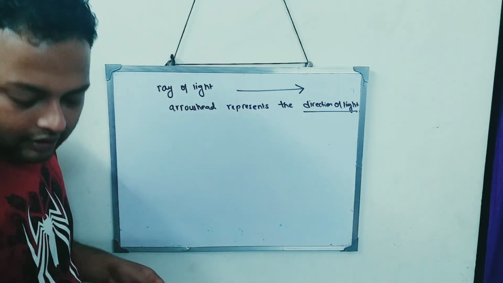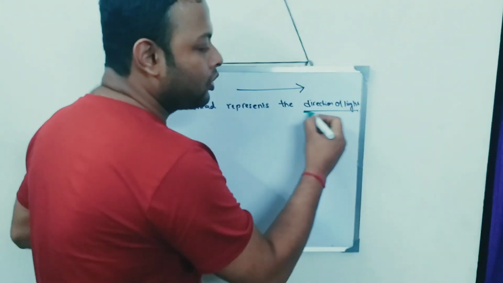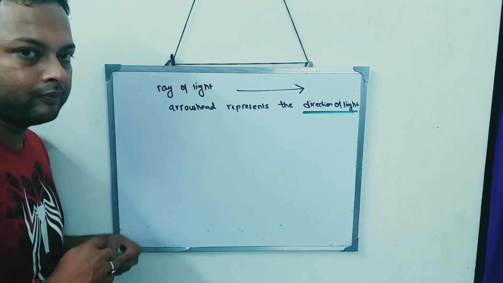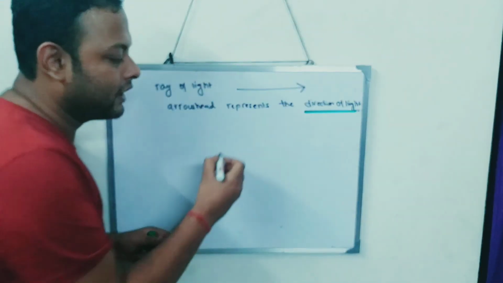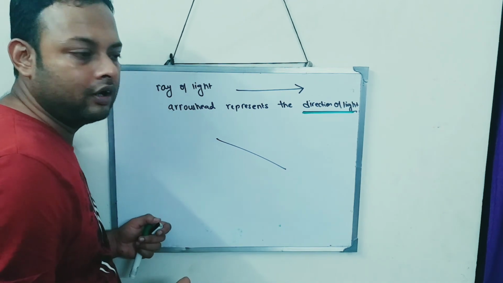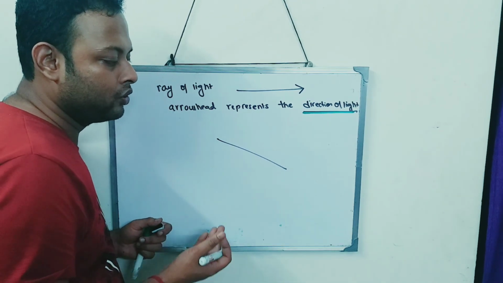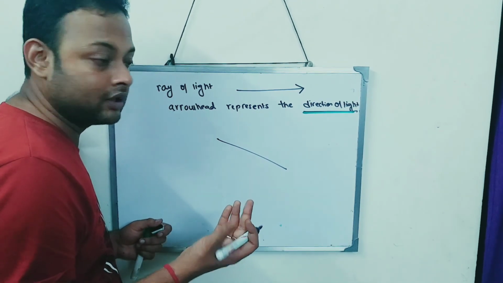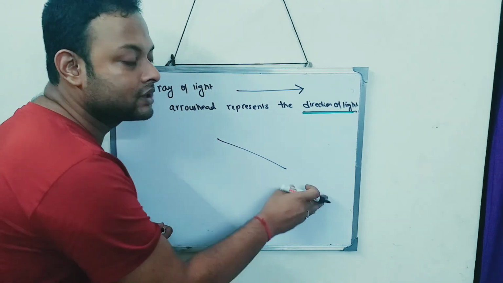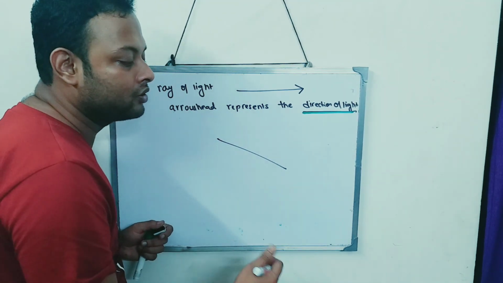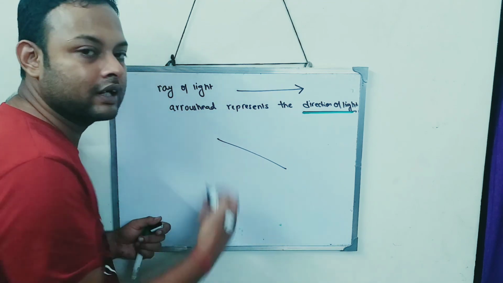Without the arrowhead, things might go wrong, because if you are representing a light like this, what happens over here? It can be two choices: a light going from this side to this side, or some people may also say light going from this side to this side.